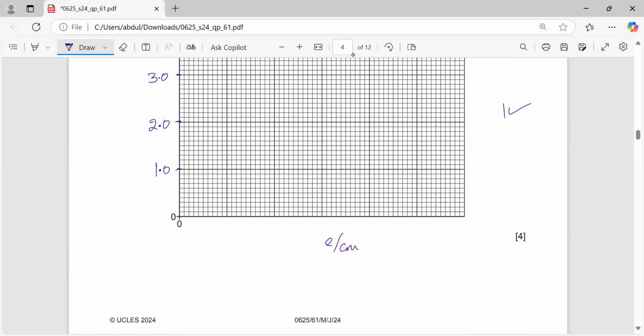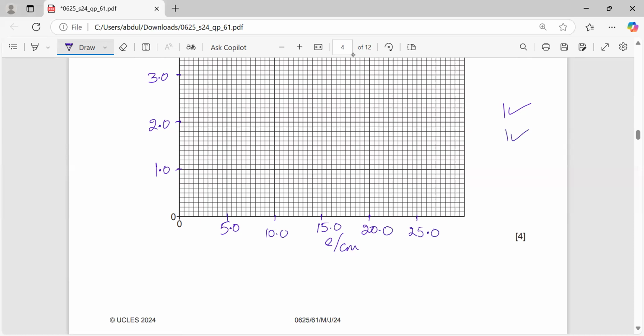What I can do: 0, this is 5.0, this is 10, this is 15, here it is 20, and here it is 25. Sorry, why 30? This will be after 20, 25.0, 20.0, 15.0, 10.0, and see, regular intervals. And I have scored the second mark also.